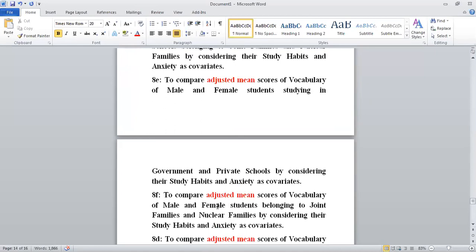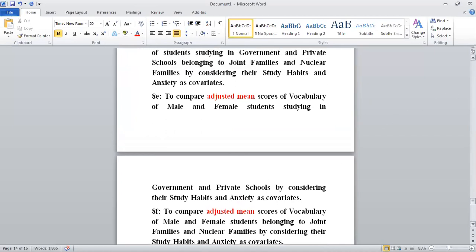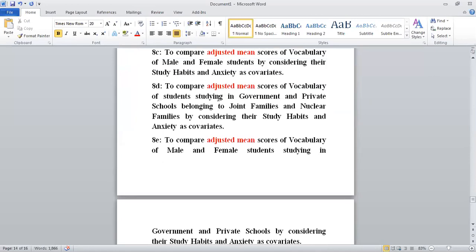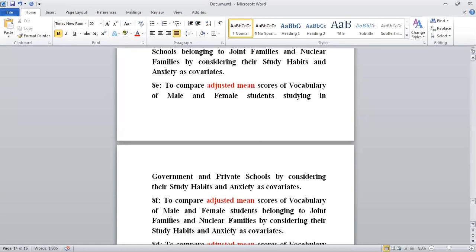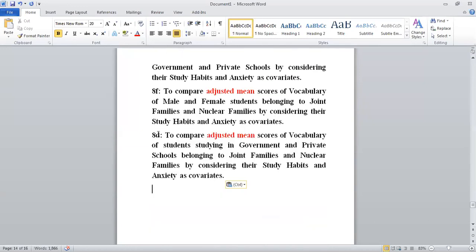Here it is gender and the type of family I have done. And here, this is the type of school and the type of family I have done. So therefore, I have done all E, F, and this is G.